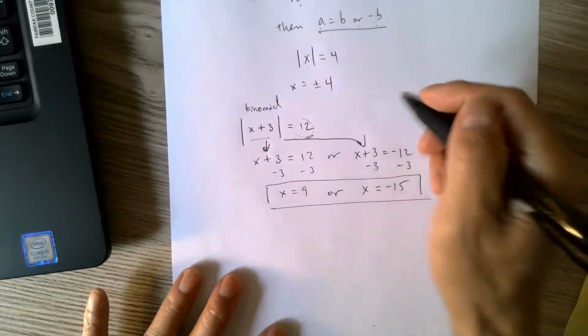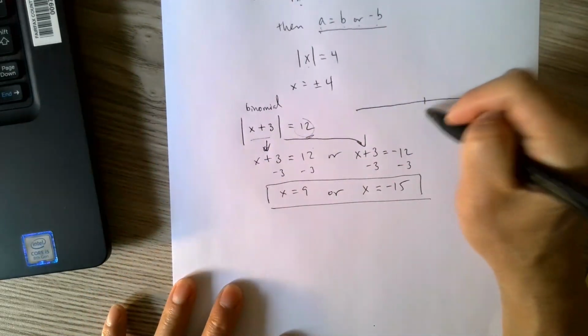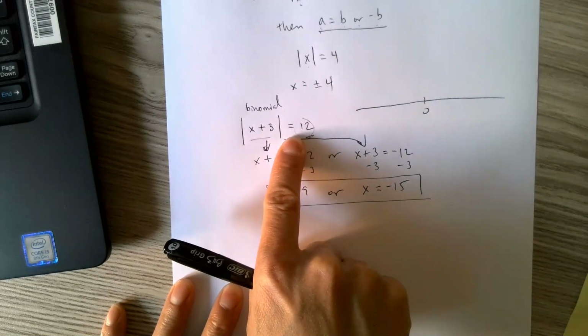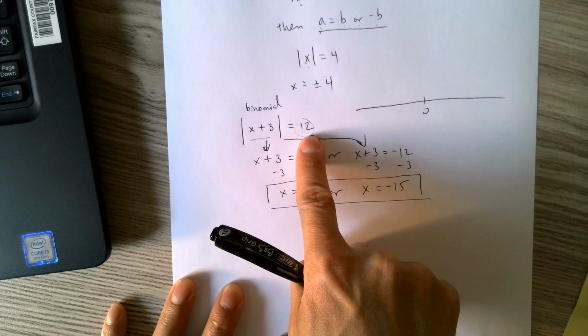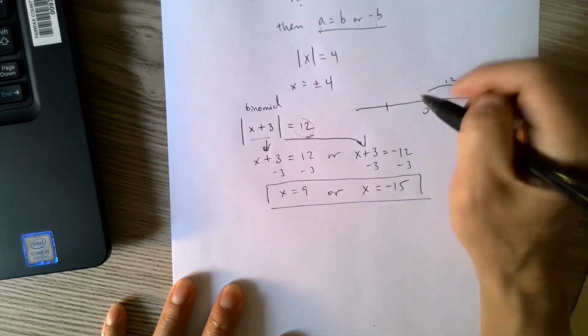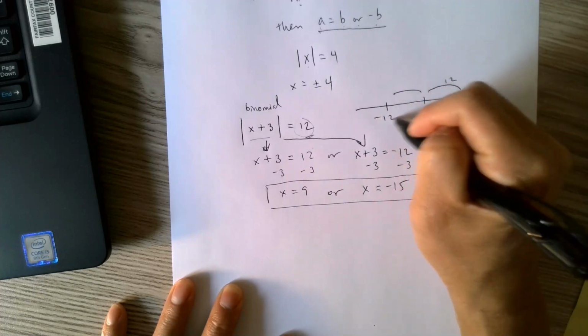Now I'm going to show you on a number line why we do this separating into two equations. So this original equation is stating that there is something that is a distance of 12 from 0. Let's say this is 12, and this is 12 this way. So this is 12, and this is negative 12.